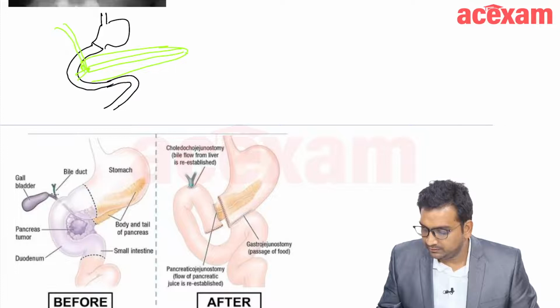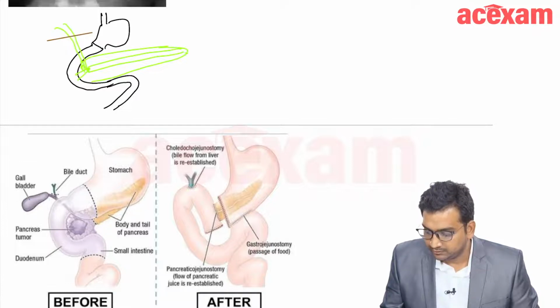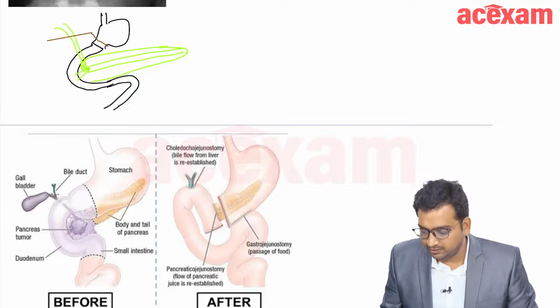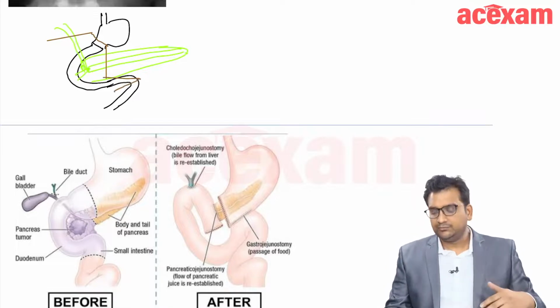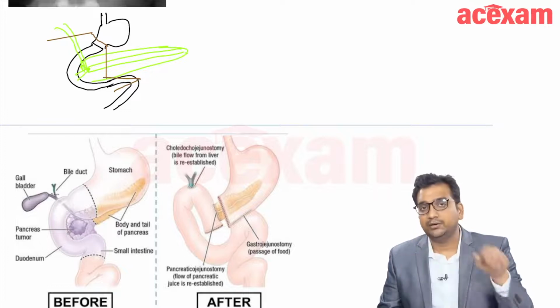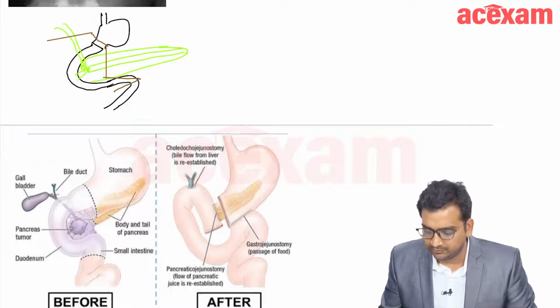In Whipple's procedure, we are removing the common bile duct, then we are removing the distal stomach, head of pancreas, and the first part of and then whole of the duodenum till the initial 5 to 10 centimeter of the jejunum also. Okay.